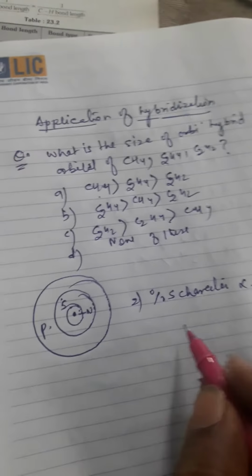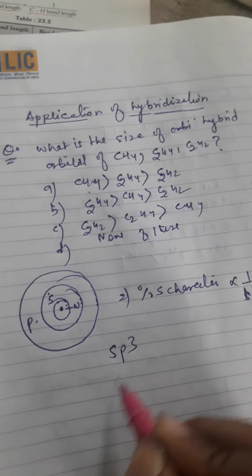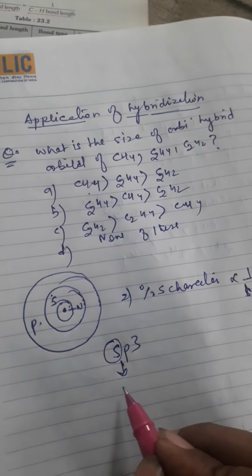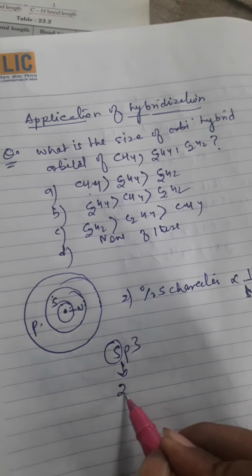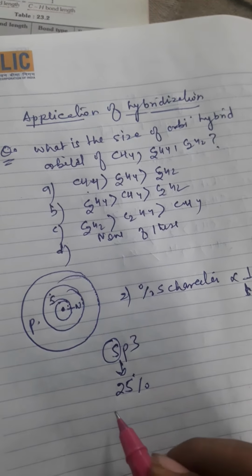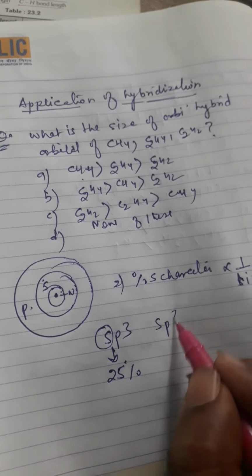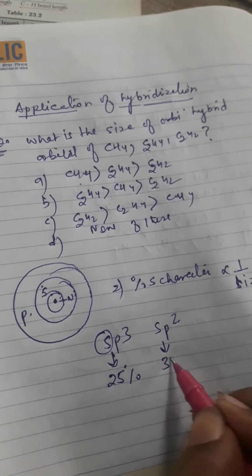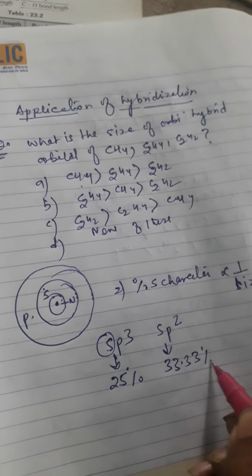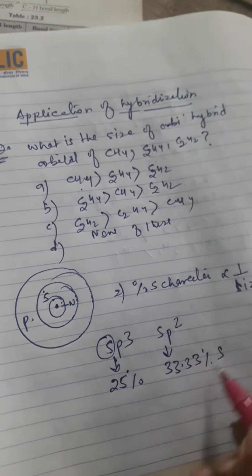So friends, if you see sp3, the percentage of s character is 25%. An sp2 hybrid orbital contains 33.33% s character, the remaining is p character. An sp orbital has 50% s character plus 50% p character.